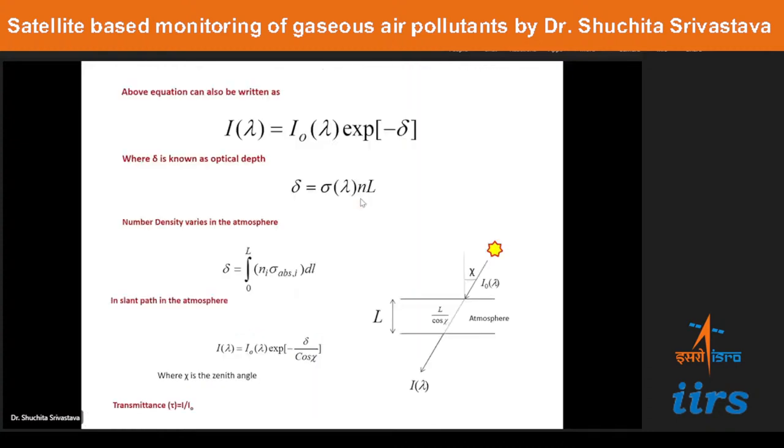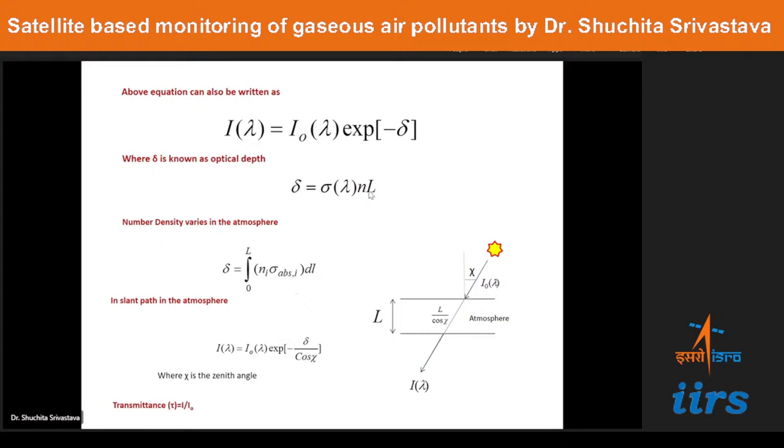But what is happening in the atmosphere? In the atmosphere, number density is not constant like in a box. Number density continuously varies from the surface to the top of the atmosphere. It exponentially decreases with increasing altitude.